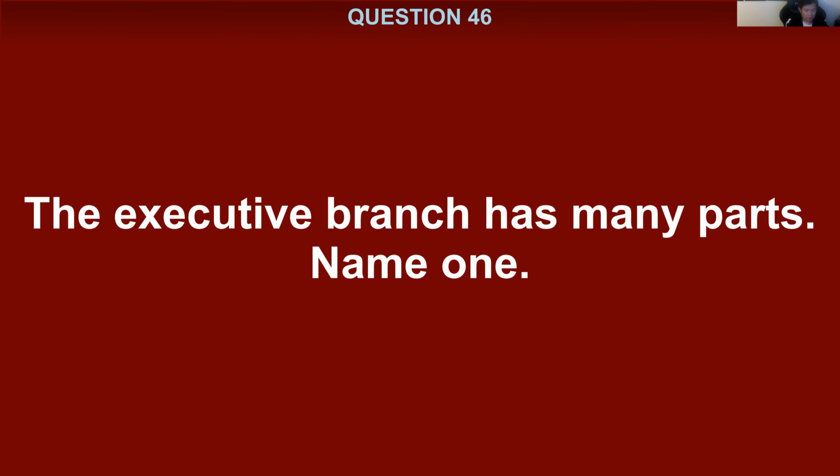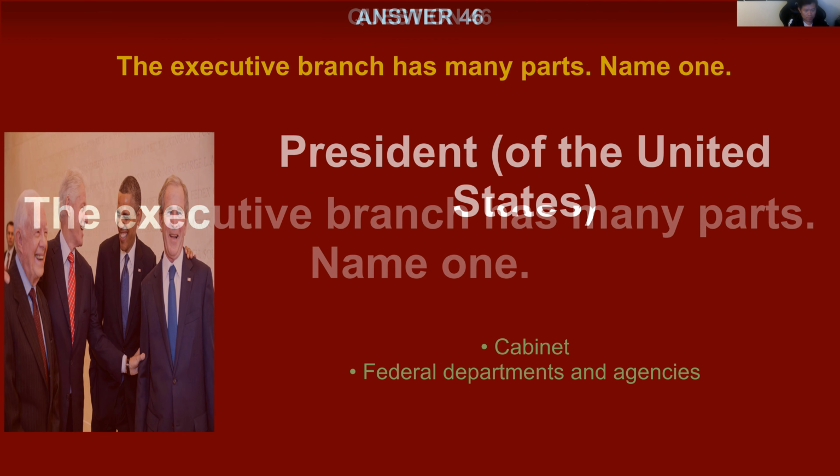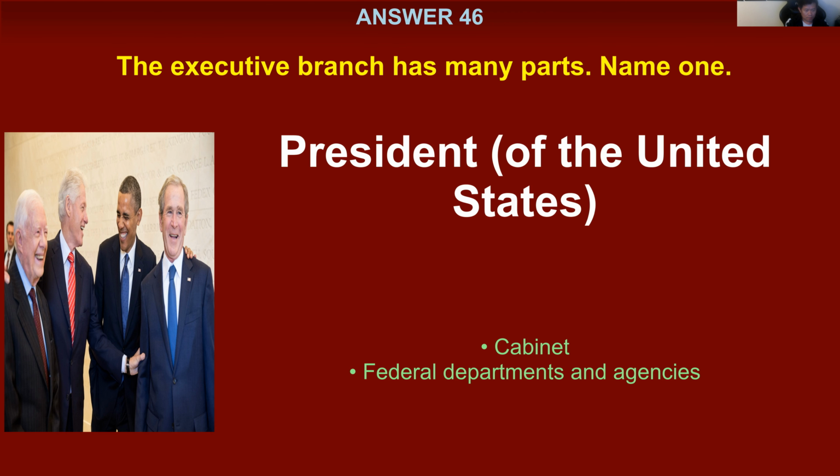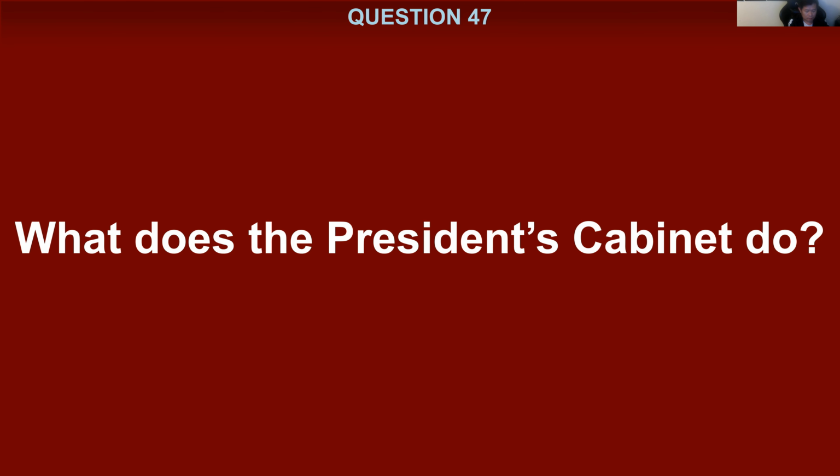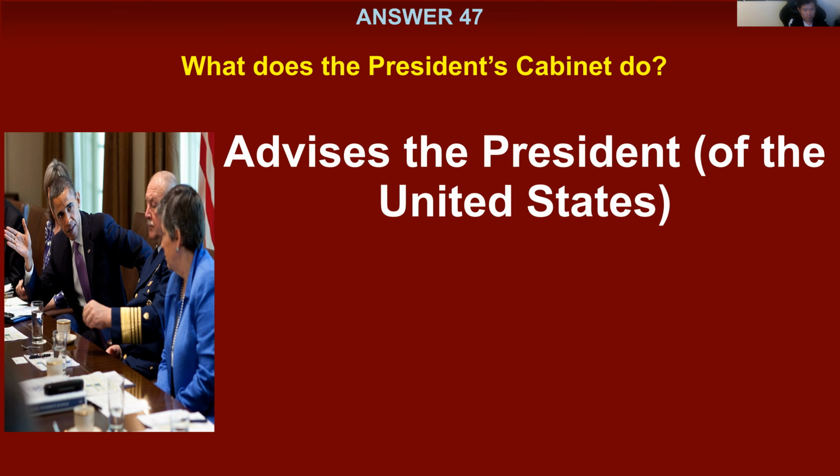The executive branch has many parts. Name one. President of the United States. What does the President's cabinet do? Advises the President of the United States.